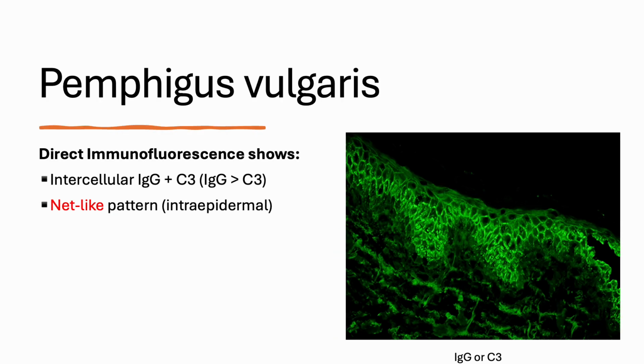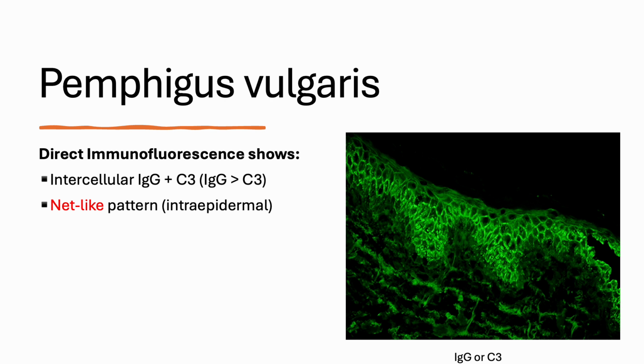With the two questions I wanted you to ask yourself, we can try to interpret this direct immunofluorescence picture. You can see the deposition is at the epidermal side, and the epidermis is showing this net-like pattern of positivity. The second question is, what are the immunoreactants? Let me tell you, this could be either IgG or C3.